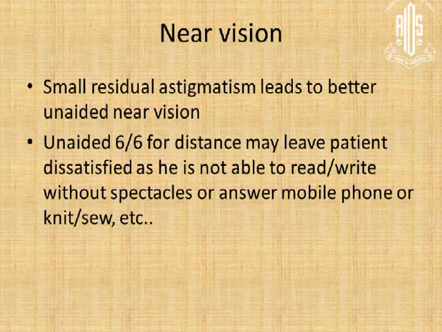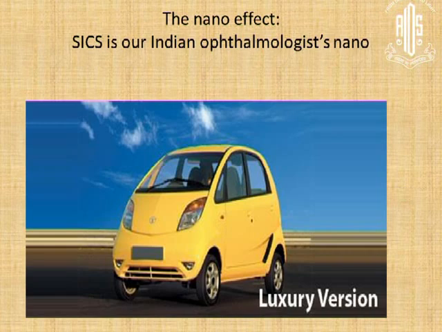Nowadays, everyone has to answer his or her mobile phones, even people who don't read and write, or to sew or knit. And for that, if a final astigmatism is about 0.5 or 0.75 diopters, then the patients are very, very happy. And when we compared phaco and SICS, patients were more happy with SICS as far as near vision was concerned.